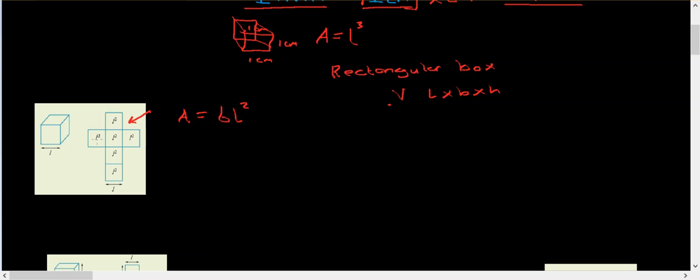So this is when we're dealing with area. Each one of these squares has an area of L squared. So if we add up the areas of each part of the box, the surface area is going to be given by this here. So that's area, or surface area.